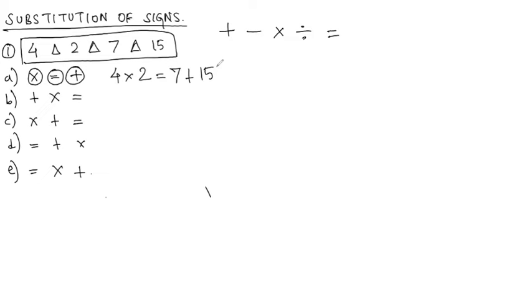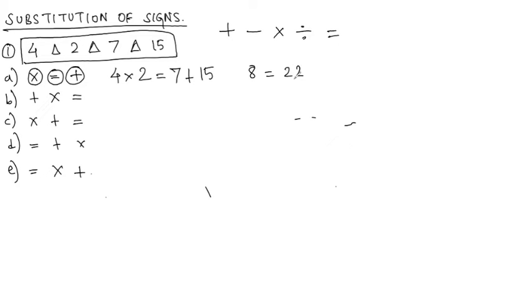So equal to andre enu? Now before equal to and after equal to, ನೀವು find out whatever the answer is and check ಮಾಡಿ if they are equal or not. Now tell me what is 4 into 8? Sorry, 4 into 2? 8. 4 into 2 is 8, is equal to, what is 7 plus 15? 22.